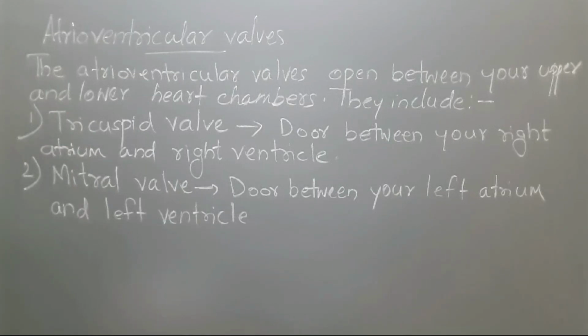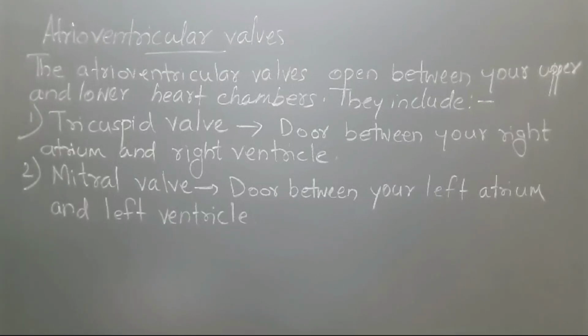The tricuspid valve is a door between your right atrium and right ventricle, and it opens from the right atrium to the right ventricle. The mitral valve is a door between your left atrium and left ventricle, and it opens from the left atrium to the left ventricle.